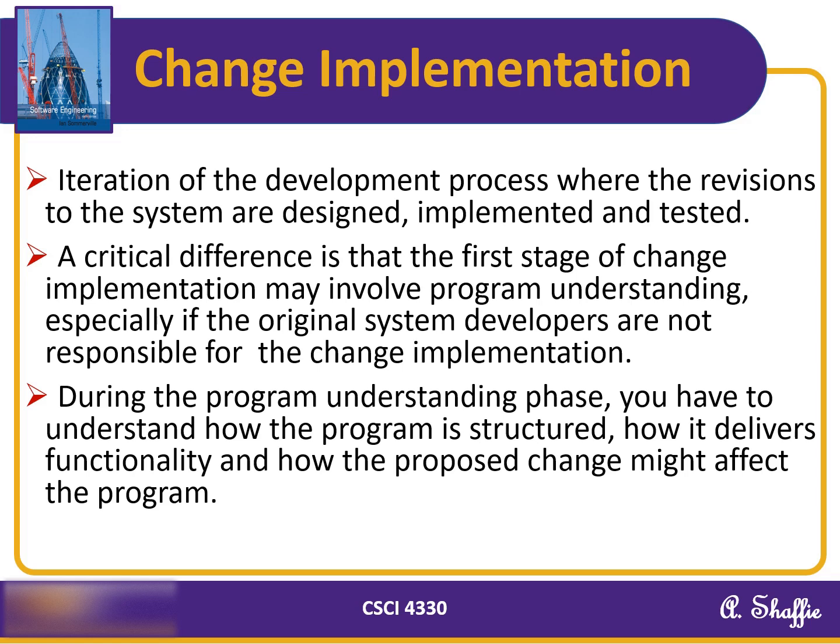The first one is the program understanding phase. This is where we analyze the software's architecture, study its functionality, and carefully assess the potential effect of the proposed modifications. This phase ensures we know exactly what we are working with before making any changes.